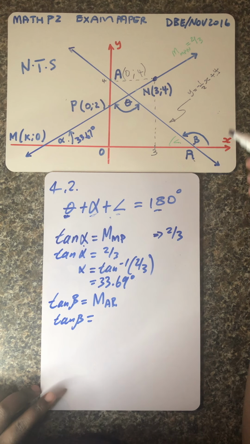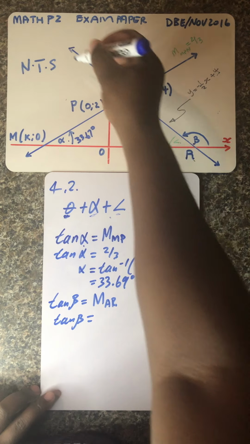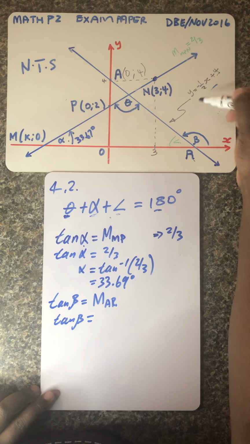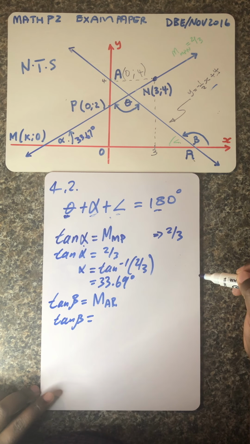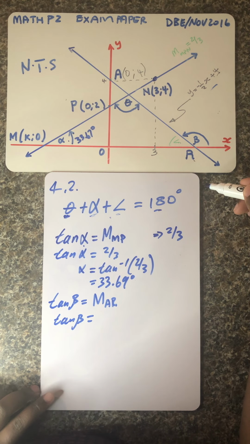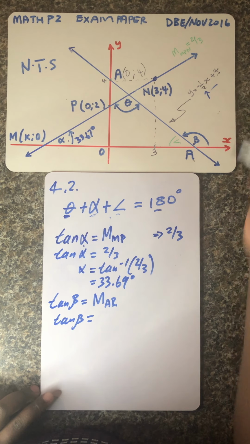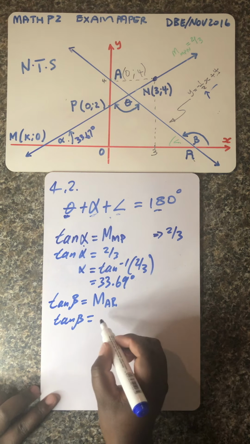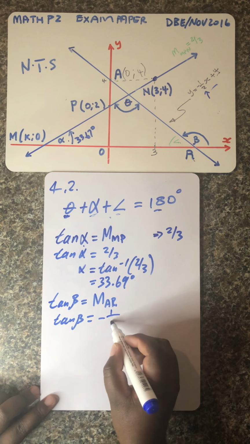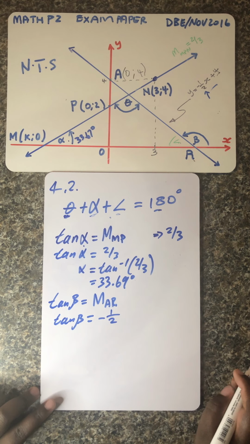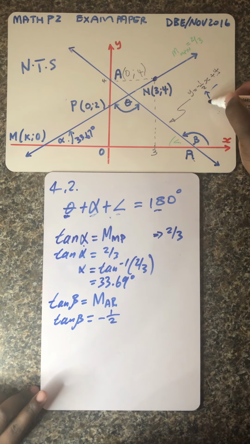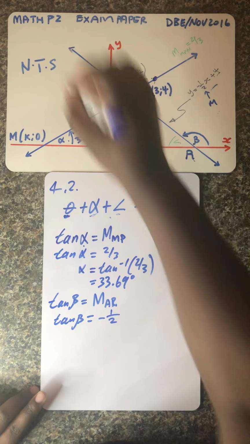We've just noticed that the equation for that line is y equals negative 1 over 2 x plus 4, isn't it? This is given straight away from the statement, so we can substitute what we already know. The gradient for that line is negative 1 over 2, this is the m of that line.